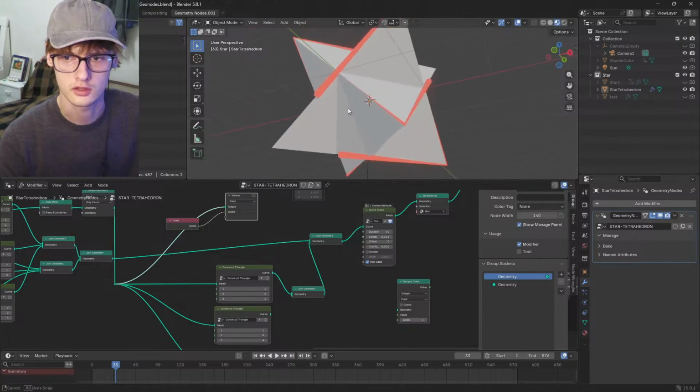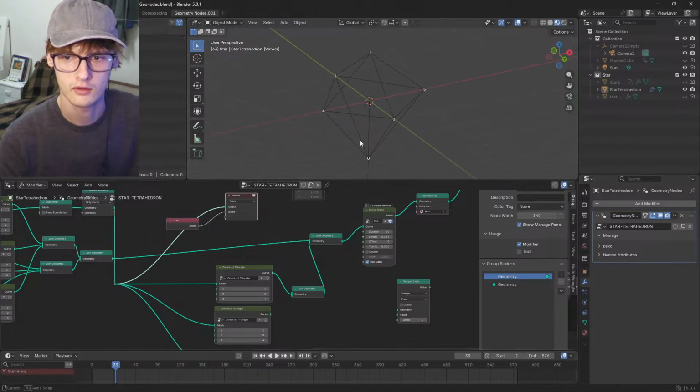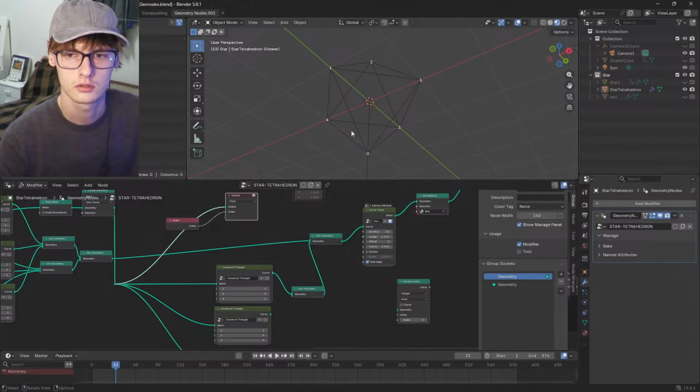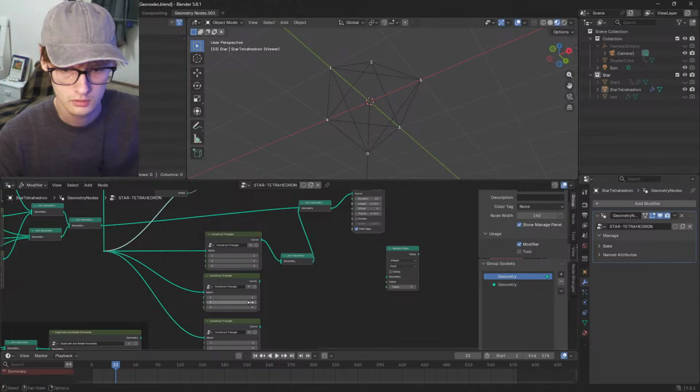Now we're going to look at this triangle right here, and that has the vertices of 0, 5, and 1. I think that's literally it. It's 0, 5, and 1.